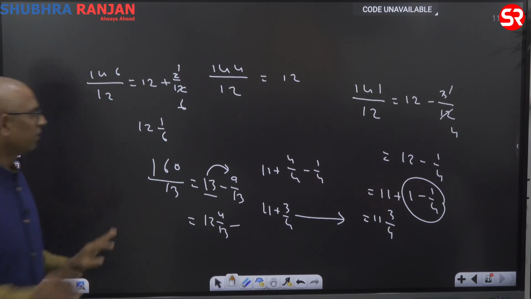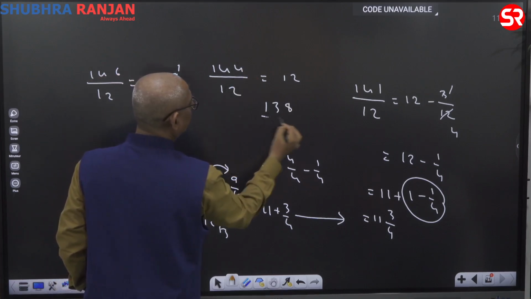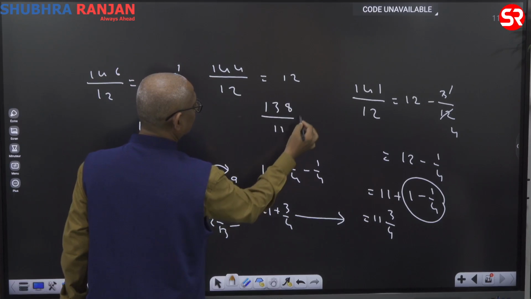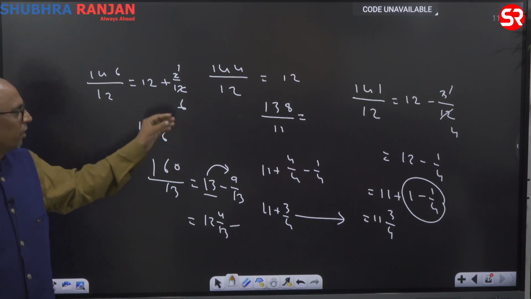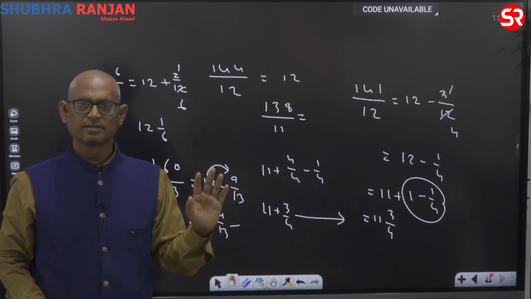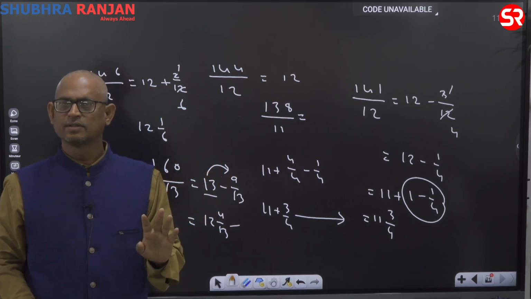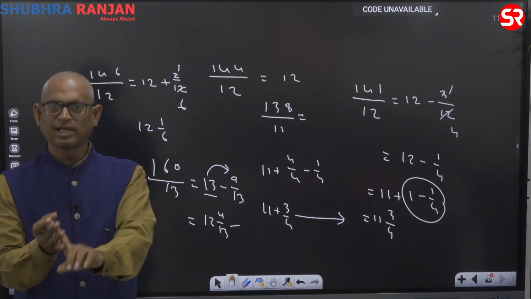For example, don't get confused: 138 by 11. Everyone knows this, but still I am telling. What is 11 ones? 11 fives? 11 tens? You know into 1, into 5, into 2, into 10. That's all.